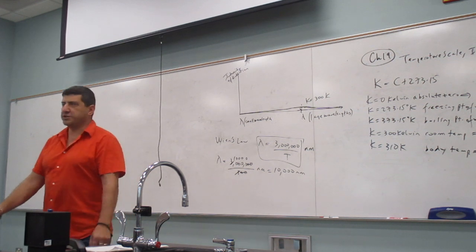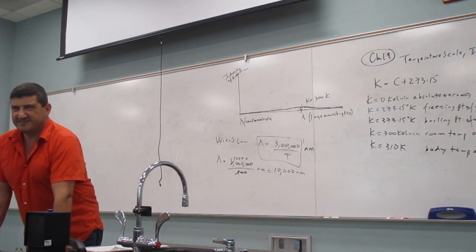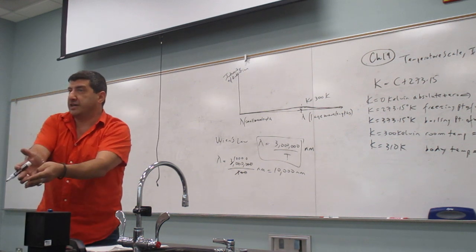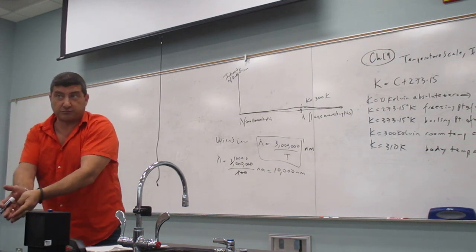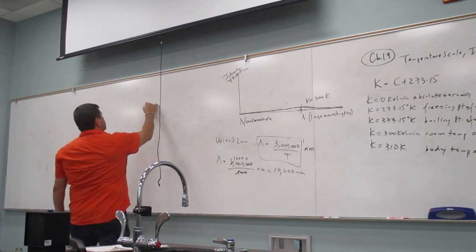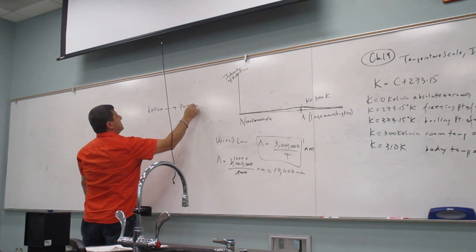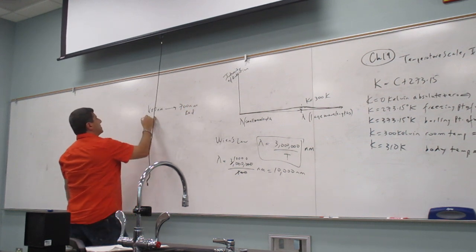Well, what electromagnetic wave is that? Infrared. From 400 nanometers to 700 nanometers is the visible spectrum. From 400 nanometers to 700 nanometers, this is red. This is blue or violet.